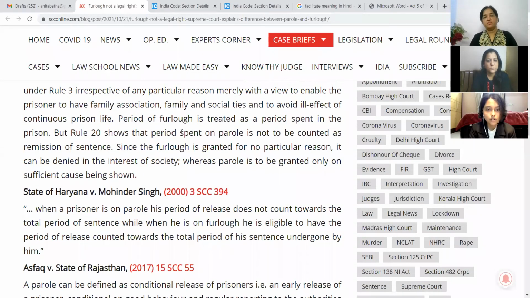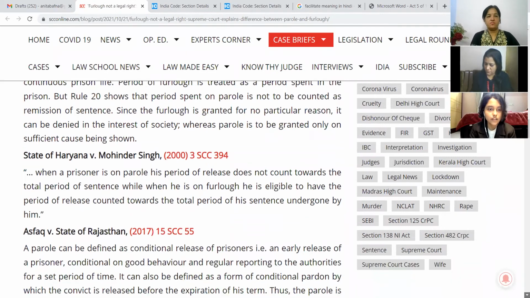The period of furlough is treated as a period spent in the prison, but Rule 20 shows that the period spent on parole is not counted as remission of sentence. Since furlough is granted for no particular reason, it can be denied in the interest of society, whereas parole is granted only on sufficient cause being shown.